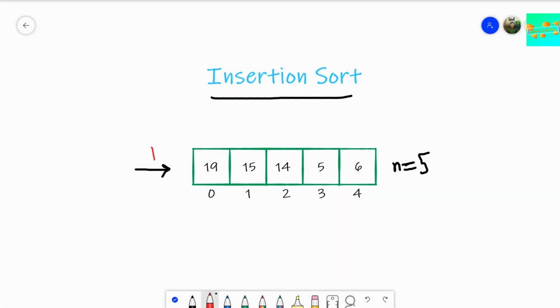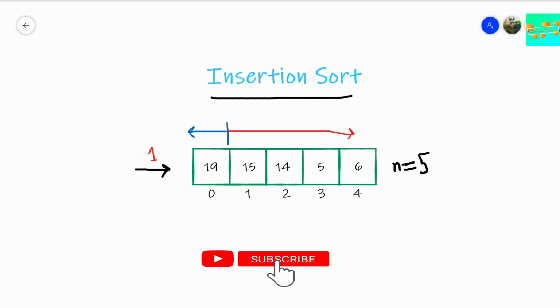In our first run, we consider that the first element of the array is already sorted, and we consider the rest of the array to be the unsorted part. This is what we consider in our first run.